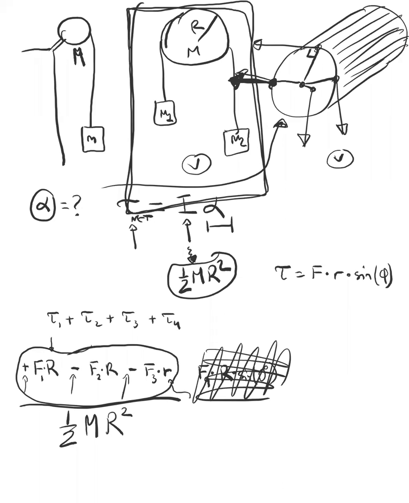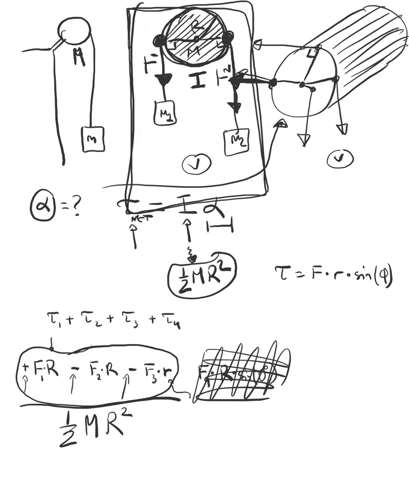Basically, the idea is that you have this pulley, and this pulley has some moment of inertia, and there are 2 torques acting on this pulley. One torque is due to this rope that has tension T1, and the second torque is due to this rope that has tension T2. Both of them are applied at the rim, and both of them are making 90-degree angles.